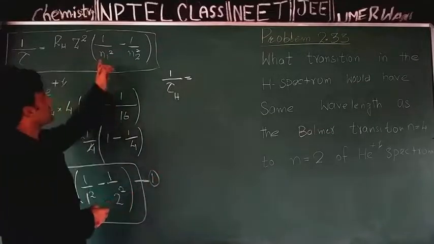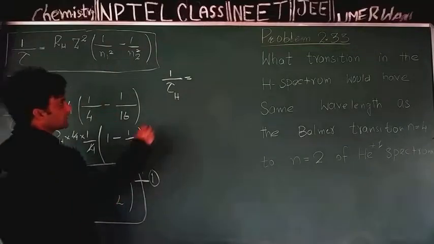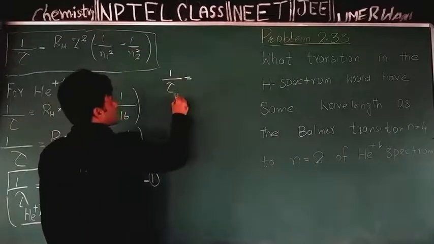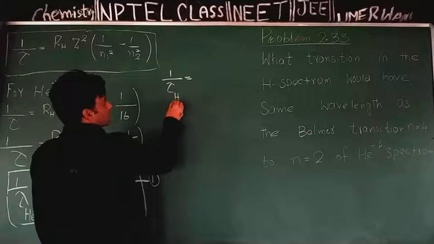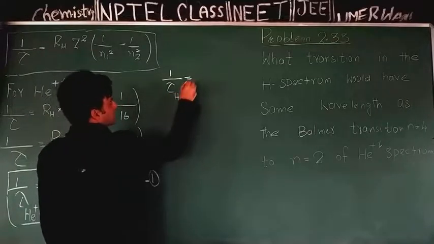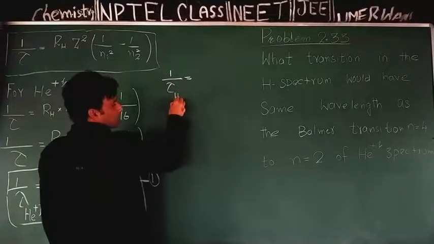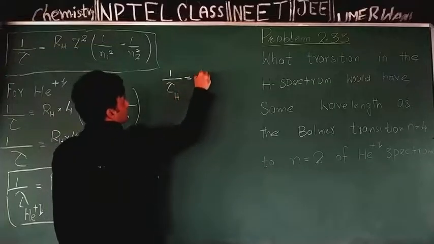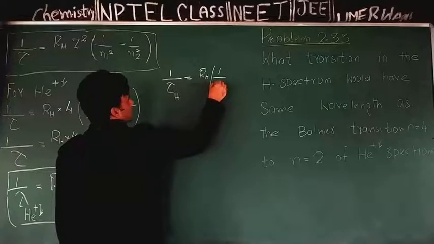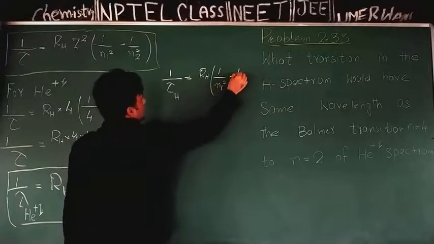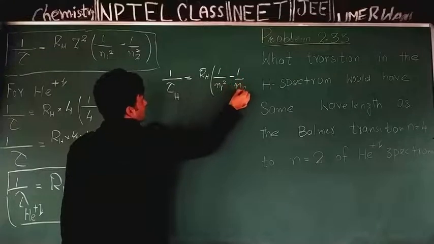I have to identify N1 and N2 in case of hydrogen atom. 1 by lambda for the transition in hydrogen atom will be equal to RH into 1 by N1 square, lower energy orbit, minus 1 by N2 square, higher energy orbit.